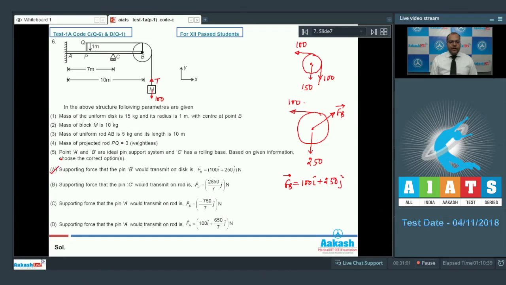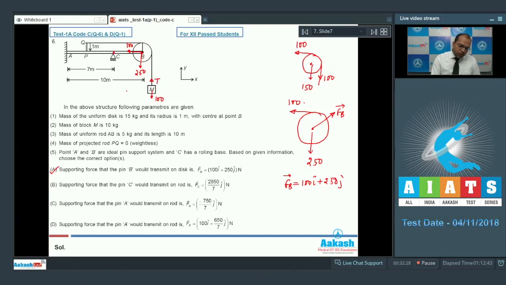Let's check the validity of options B, C and D. The supporting force that the pin C would transmit on the rod: so now I have to analyze the rod. If I draw the free body diagram of the rod, then on the rod 250 is acting in this direction, and 100 is acting in this direction.